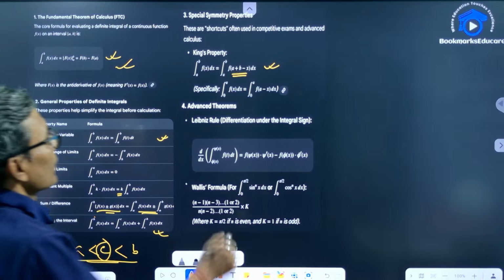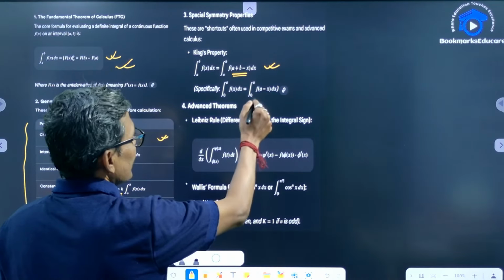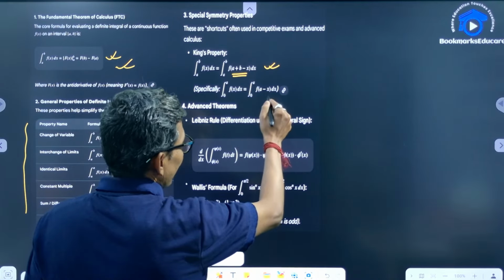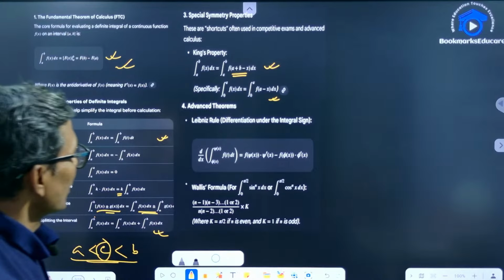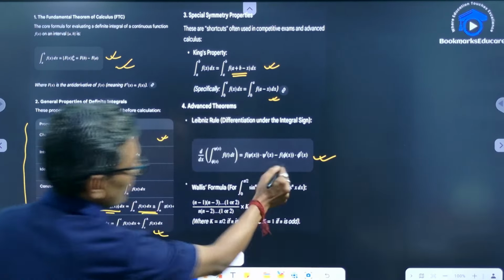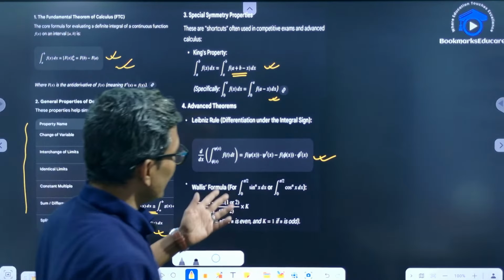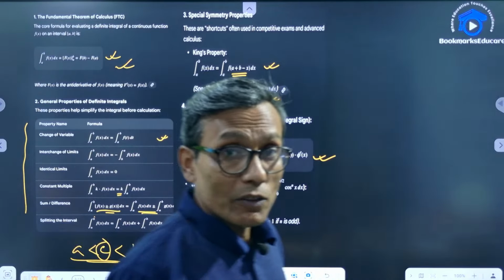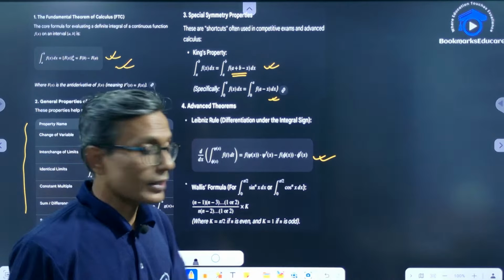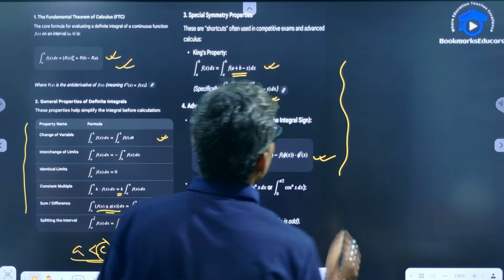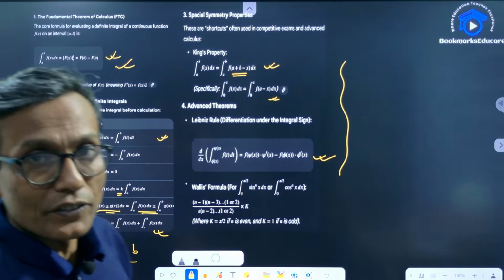Similarly, the integral from 0 to a of f of x dx, then you can write the integral from 0 to a of f of a minus x dx. This is known as FTC, which I have already discussed in our previous class. So these are all properties of definite integral.